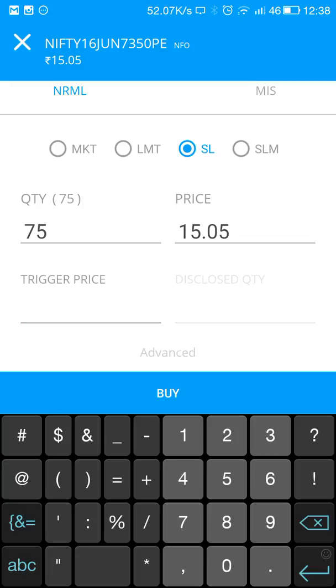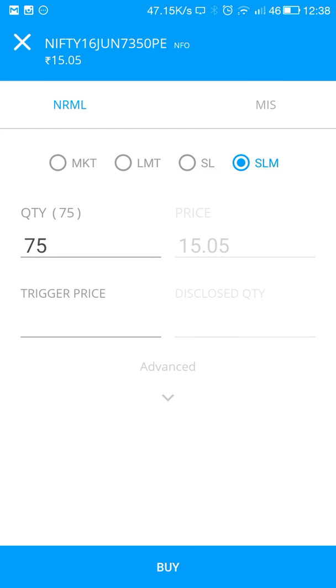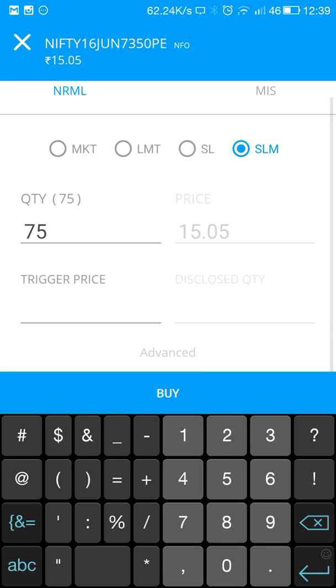And I don't normally use the stop loss. I only use the stop loss market because it gives you a single price input option, the trigger price. So that is very handy for me. So let's say I have already shorted 7350 one lot at 17 rupees, and I'll put a stop loss for that around 15 rupees, right? So I'll put this, and it's very simple. If you want to put a stop loss, then in that case you can apply the price also.